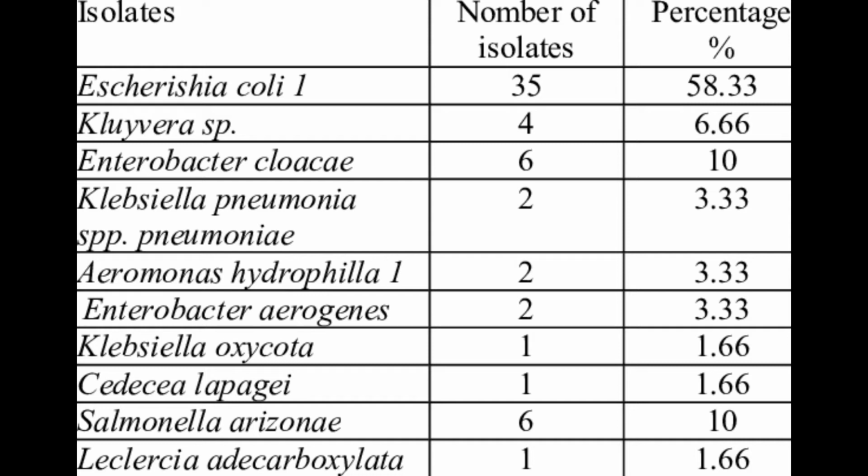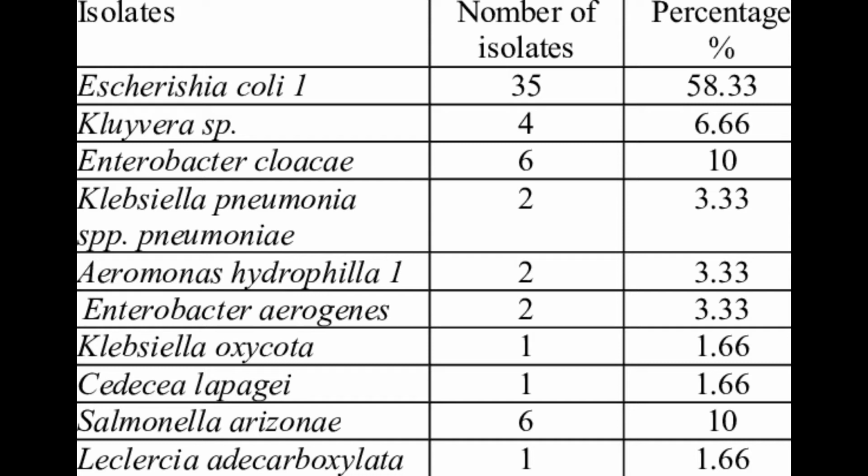The Voges-Proskauer test detects acetoin, which utilizes the butylene glycol pathway, with a pH of 5.5 or more. The reagent is alpha-naphthol and KOH, with alpha-naphthol in 40% KOH and creatine. The expected result is red color.